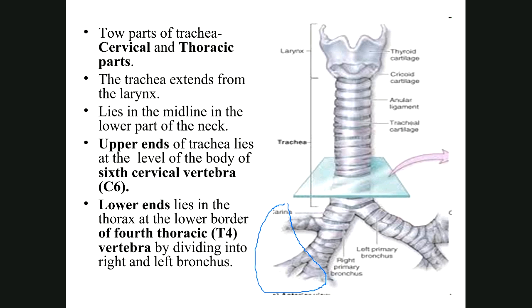Whereas on the left side, the bronchus enters inside and then it divides. That is the meaning. And one more thing I told: this right side is very short, the size of the bronchus is wide, and it is vertical. So that's why any foreign body.